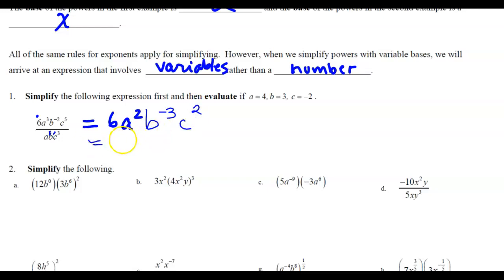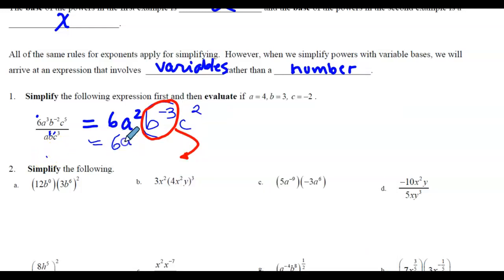So now, here's the deal. We did negative exponents the other day. We didn't do a lot with lots of variables. That's why we're doing this today, more practice. This is the only part that goes to the denominator, right? It's the only part that has a negative exponent.